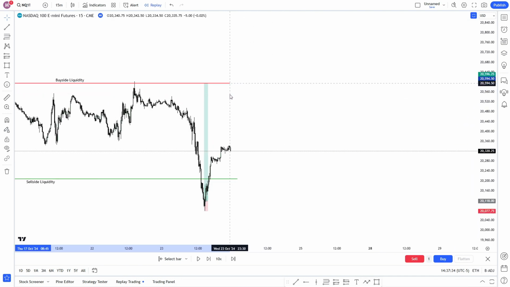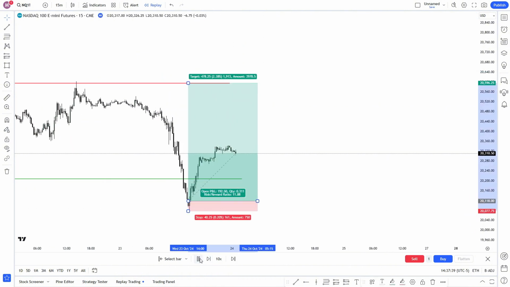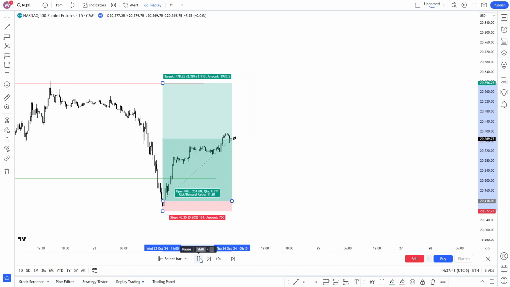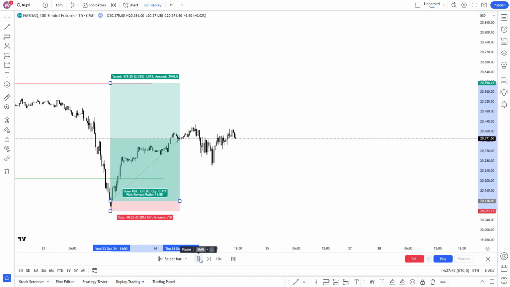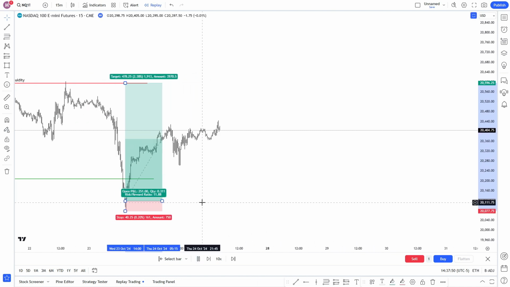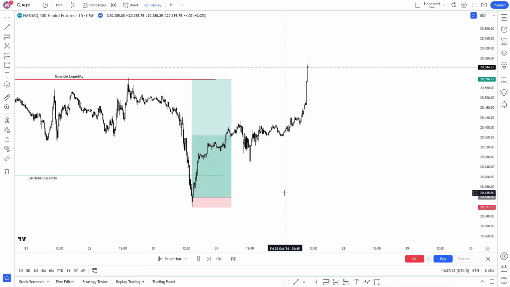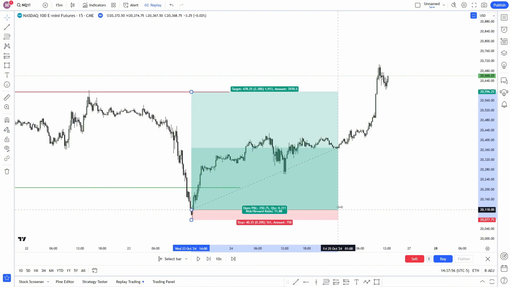Sorry, there we go. Have to be patient, guys. And there you go. Nice 1 to 12 risk to reward.